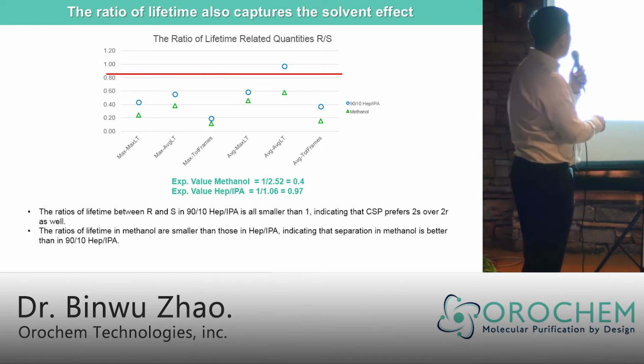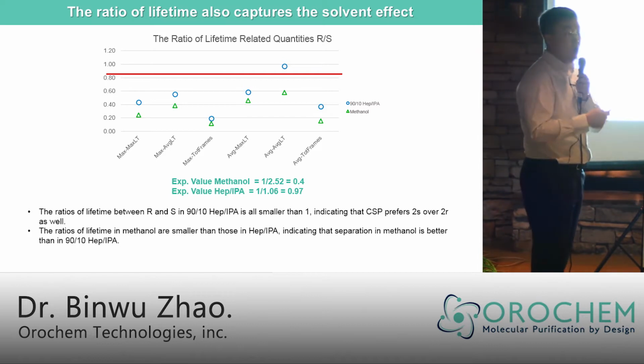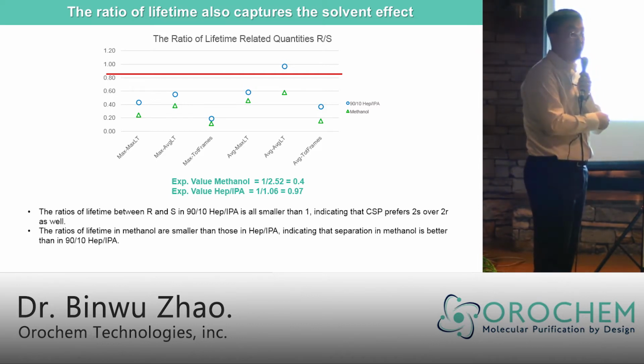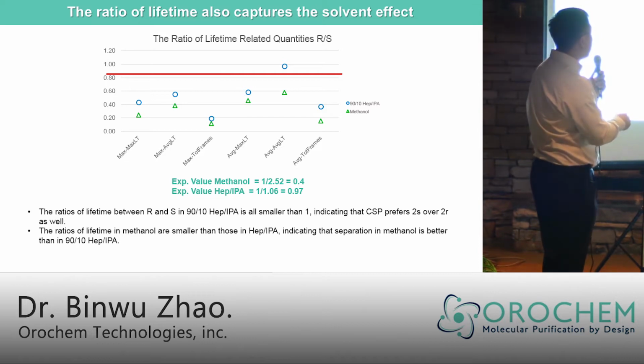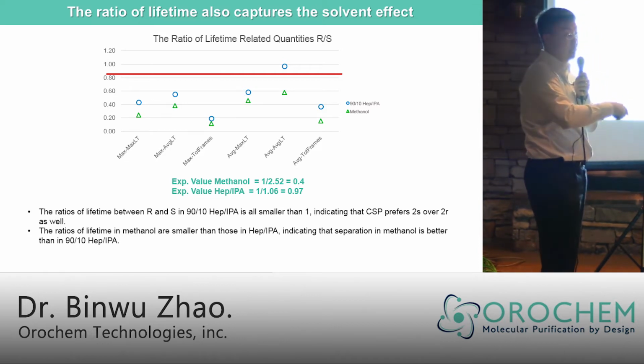And then we further take the ratio of lifetime to capture the solvent effect. As Dr. House presented, when you change from methanol to heptane IPA, the selectivity decreases. And we are looking at R over S, and that is 1 over the selectivity.